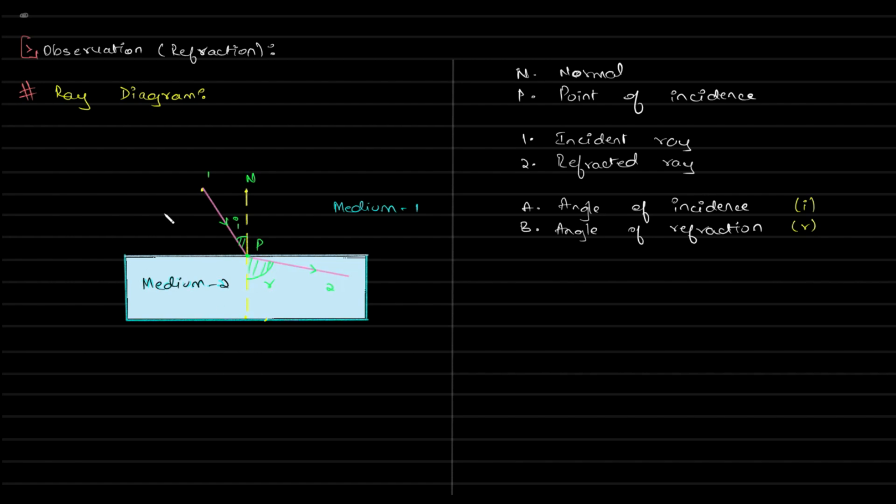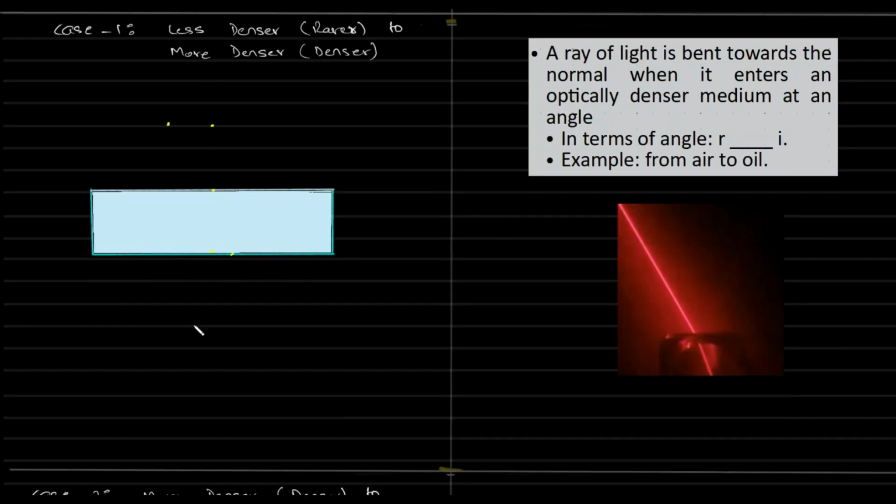Okay, so using this, we'll make certain observations. The first observation is when light moves from less denser to more denser in terms of optical density, or rarer to denser. These are the names that we need to know. So this is a rarer medium. Rarer means optically less dense, and this is the optically denser medium.